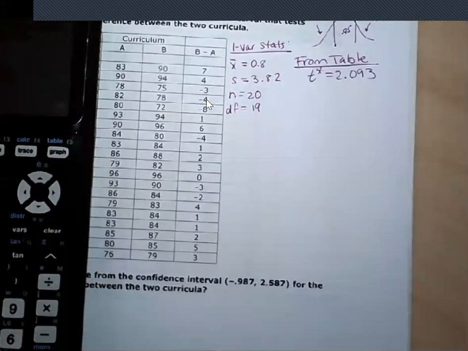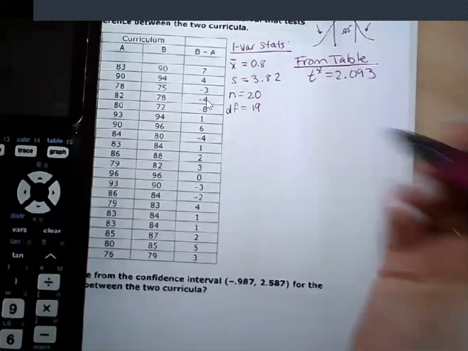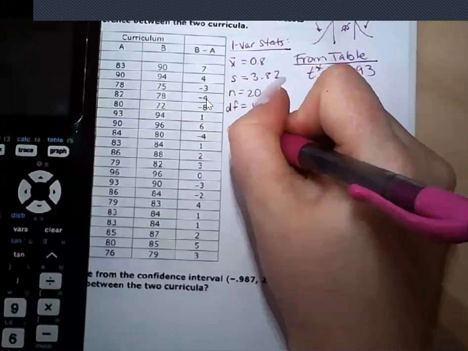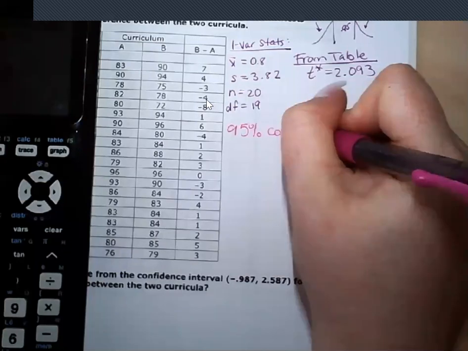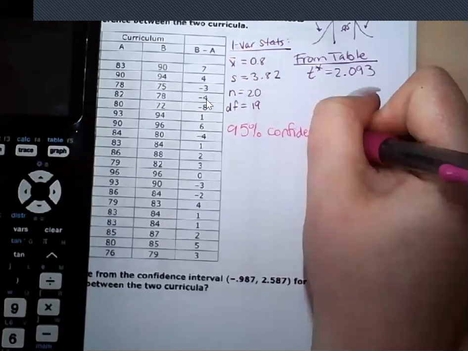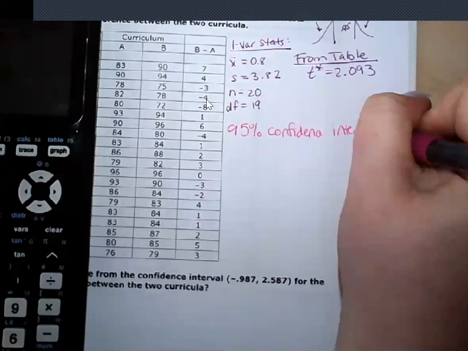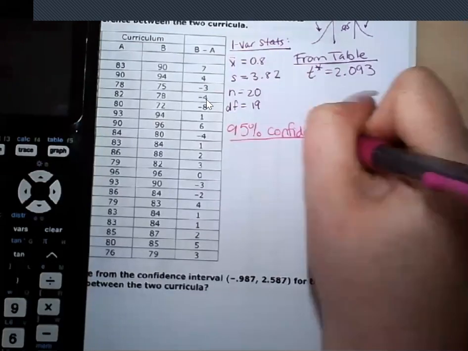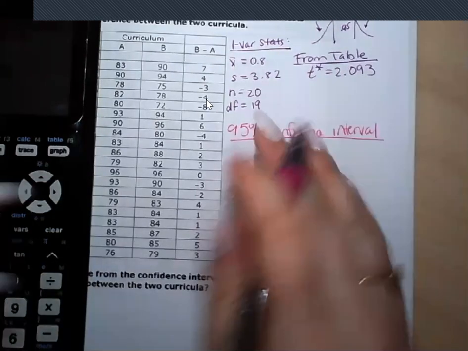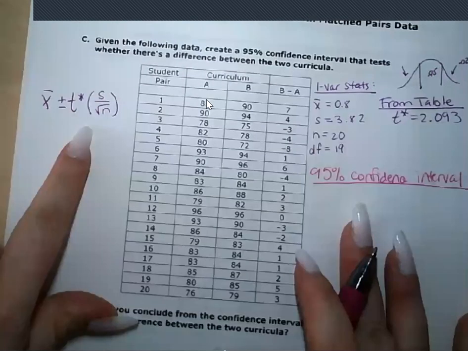All right, so that's all that I need to calculate my confidence interval. We are calculating here a 95% confidence interval. It's a T interval. So X bar, I wrote this again on the side over here. I'm just going to plug in everything I have now.